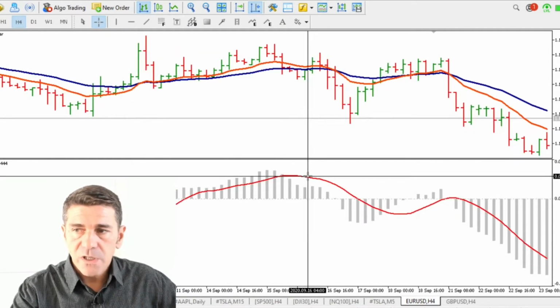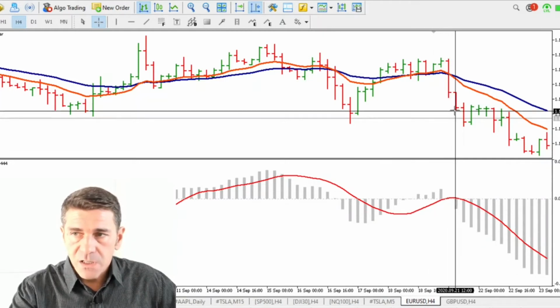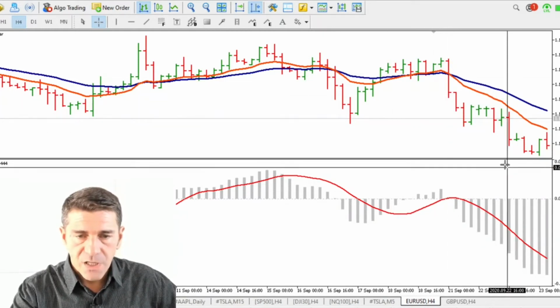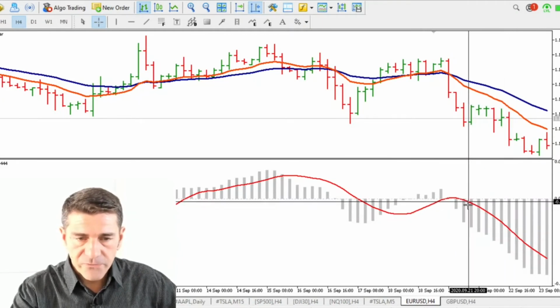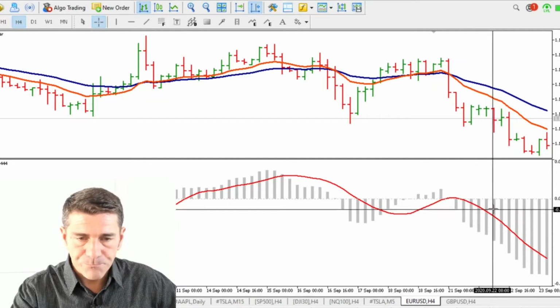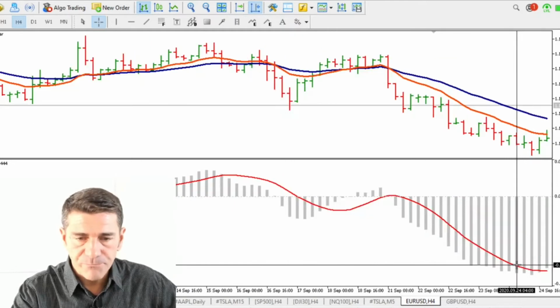And how do we analyze, how do we think using this indicator, when we have a downtrend and it accelerates, we are going to have a MACD histogram with pillars going down and down.